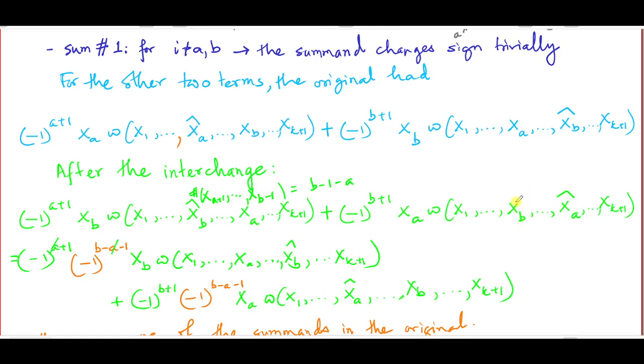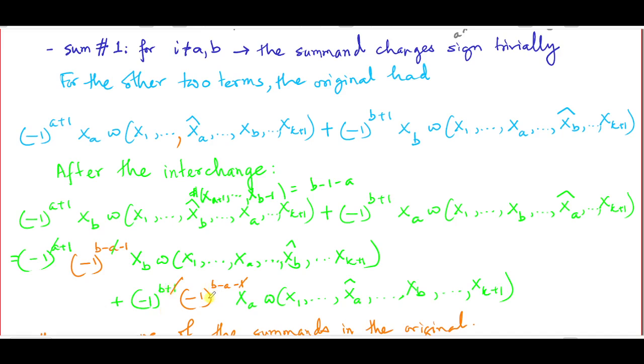So once again, in order to make this look like this, you have to push the xb back through, again, exactly that many vector fields. So the same factor would come about. And now the overall factor that you have, note, is simply minus 1 to the 2b minus a.